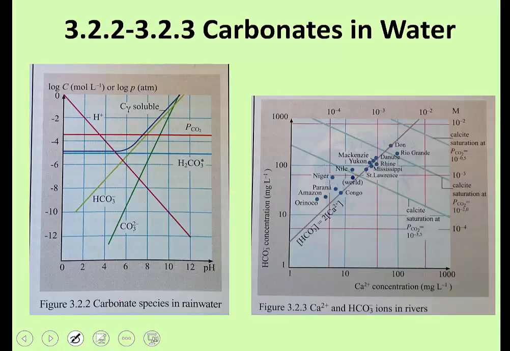In this section, in 3.2, the author talks specifically about carbonates in water. So the figure that you have on the left just shows carbonate species by themselves in rainwater. So it's that same equilibrium we were looking at: hydrogen carbonate, carbonate, and carbonic acid.